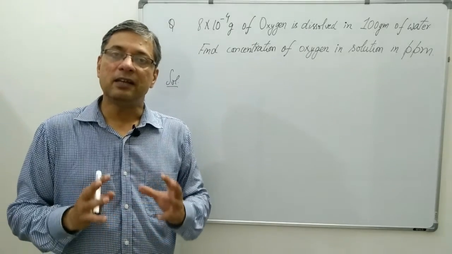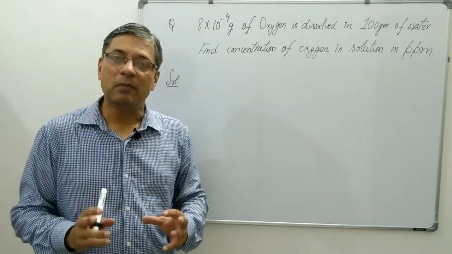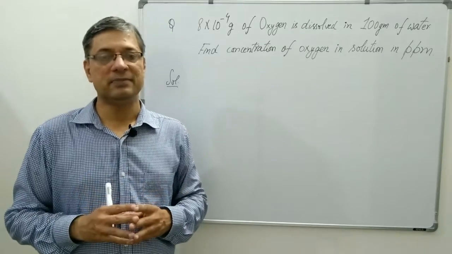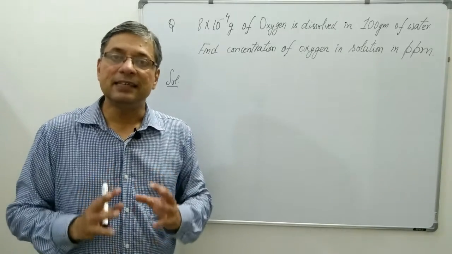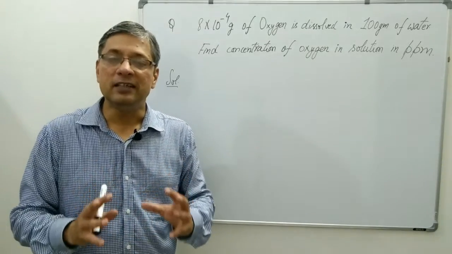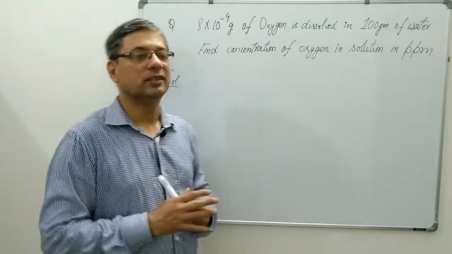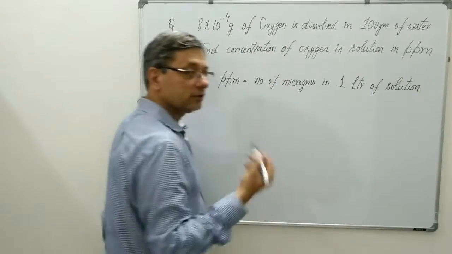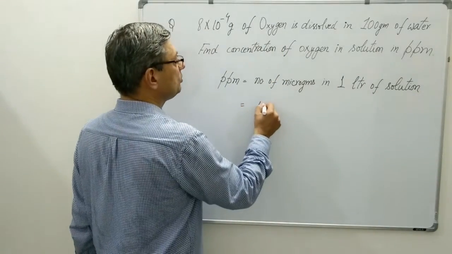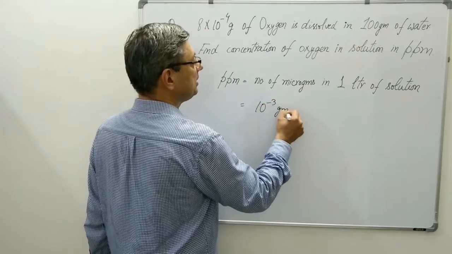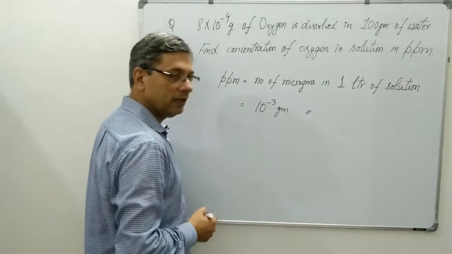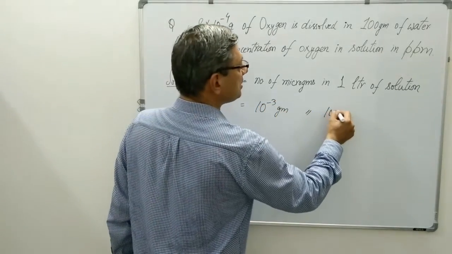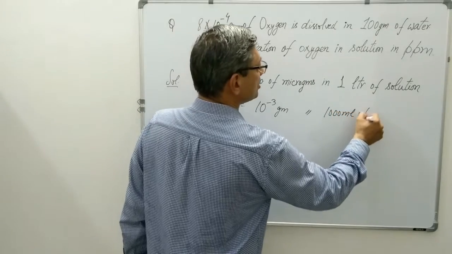Parts per million is equal to number of micrograms present in 1 liter of solution. I can also say 10 to the power minus 3 grams in 1000 milliliter of solution.